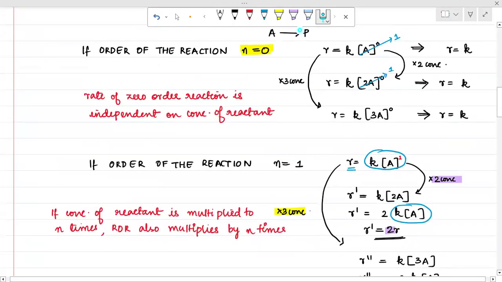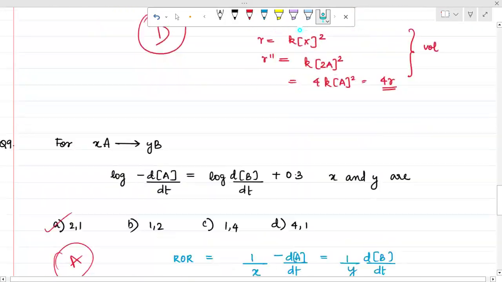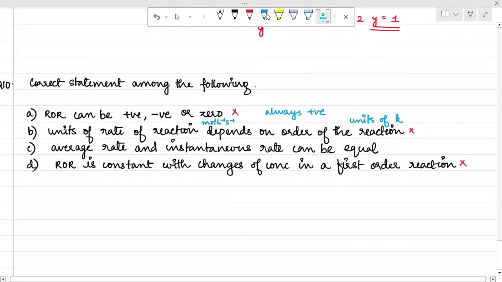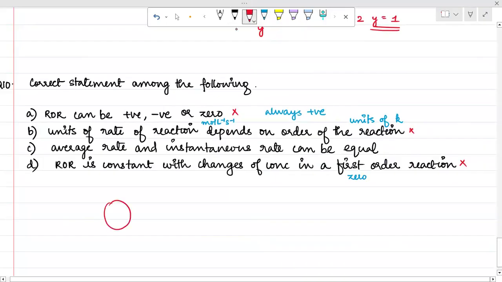So, it's for a zero order reaction that rate does not change with concentration. That's not for a first order reaction, it's for a zero order reaction. So option A, option B, and option D are incorrect, which means the correct option is option C. Option C is the correct answer.